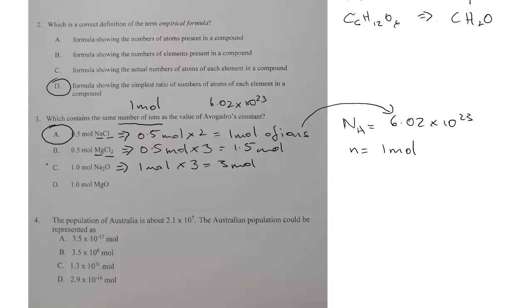So it's definitely not going to be C, it's not going to be B. And then D is 1 mole times by, in that combination we have only 2 ions, so 2 mole. Again, not the answer we're looking for. We're looking for 1 mole. Okay, the final value is 1 mole. So A is the answer in question 3.